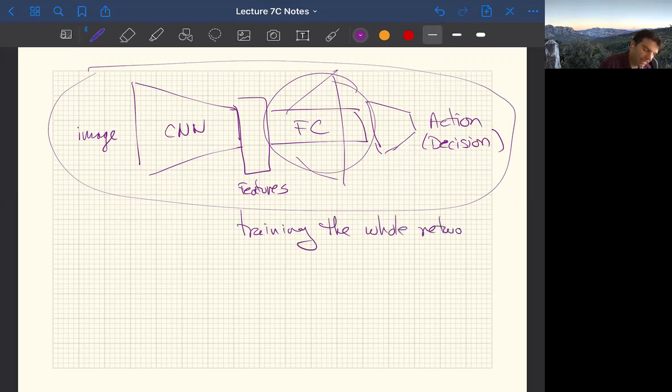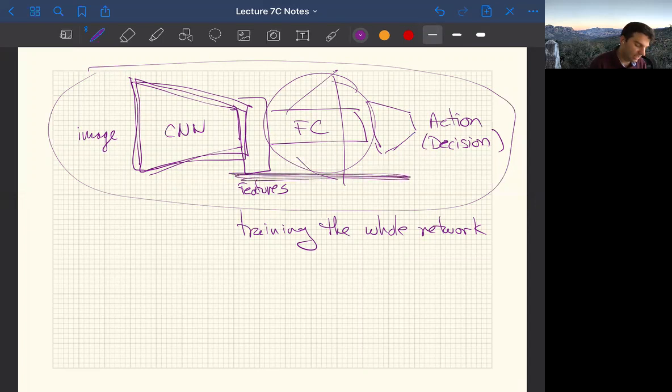Or if we talk about transfer learning, we might have someone else train the convolution, the feature extractor. And after someone else trains the feature extractor and then publishes it, we might take their feature extractor, plug it into our own neural network, and then train it to do our function.